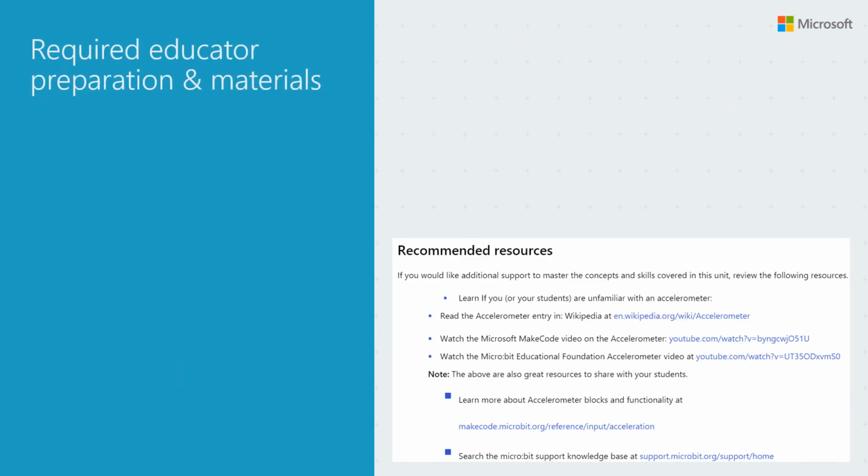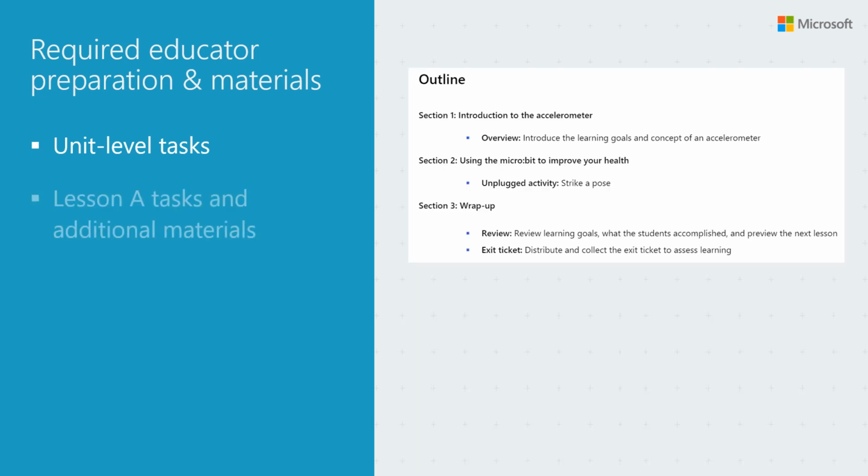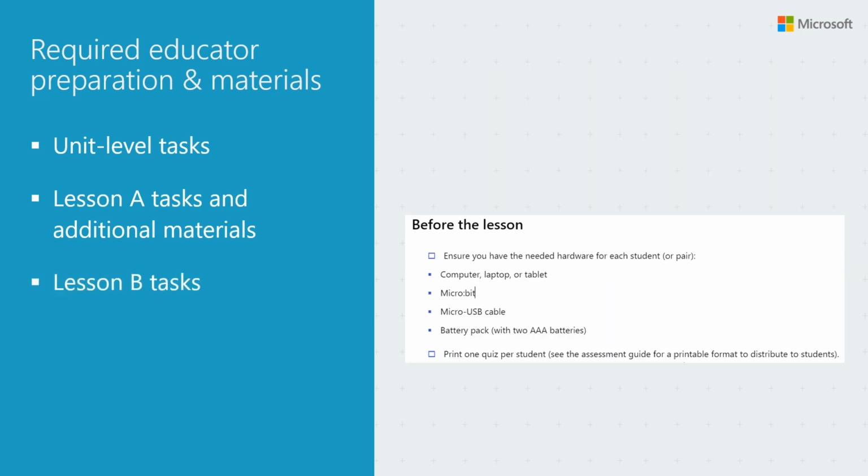Now for the educational prep, just follow the activity guidelines for the unit level tasks, how to prepare for this unit. The lesson A tasks are given in the Educator guide. The unplugged activity is called Strike a Pose. The lesson B coding activity is fairly straightforward.